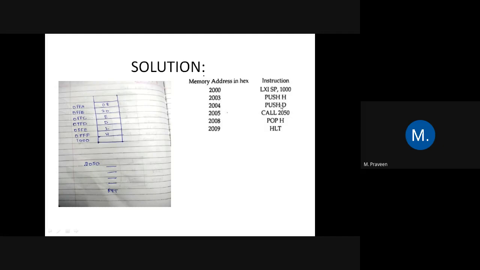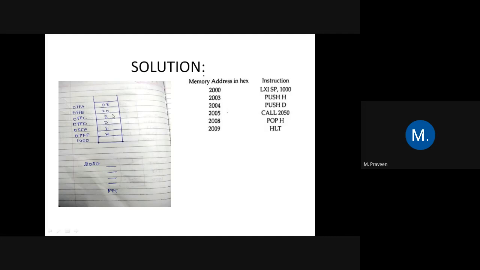D means the DE register pair, so it moves the DE register pair into the stack. Now the current address is 0FFE. While doing push D, the address will be decremented by 1, so the new stack pointer address is 0FFD. At that address, the D value will be pushed into the stack.